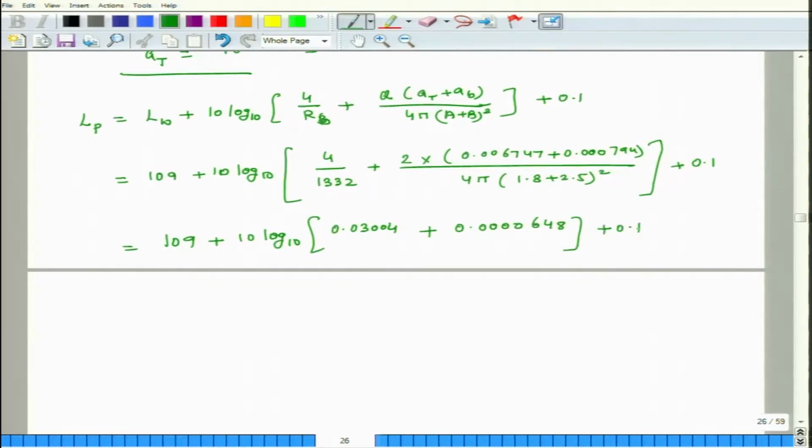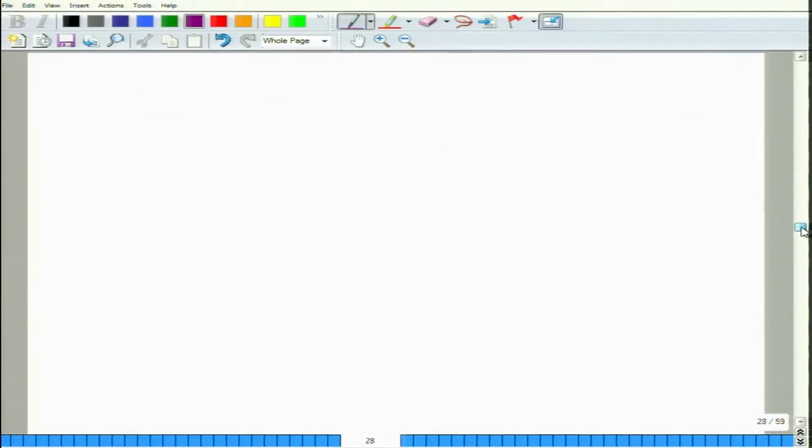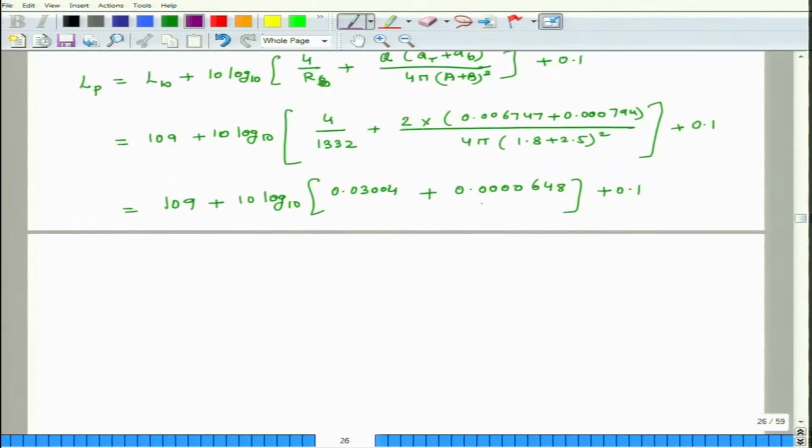Now you see this term Q over 4 pi r square was attributable to the direct sound field, it was 0.01767. This number has gone down very significantly, almost 99% of that term has vanished.